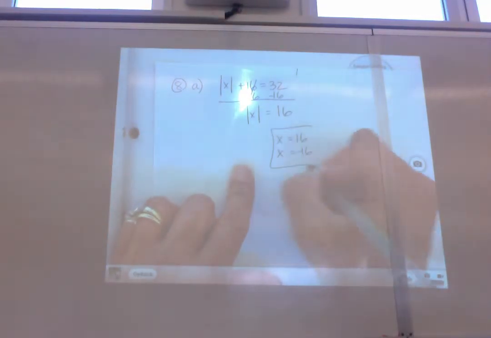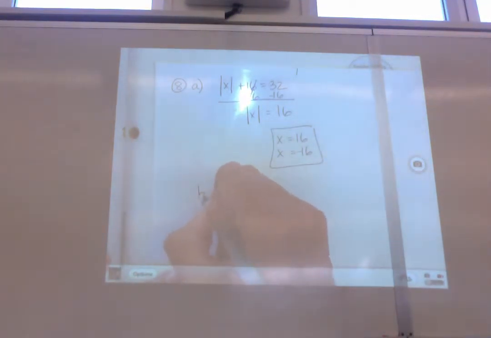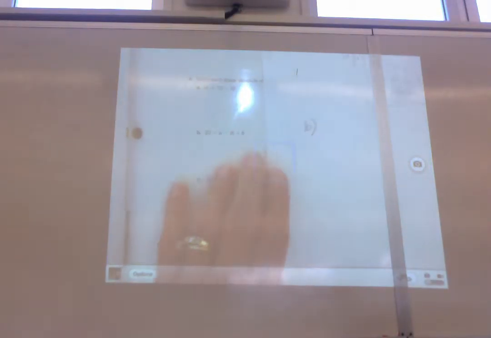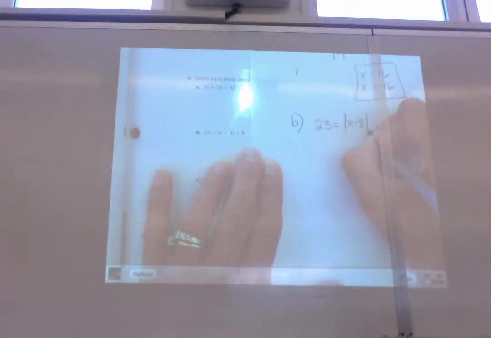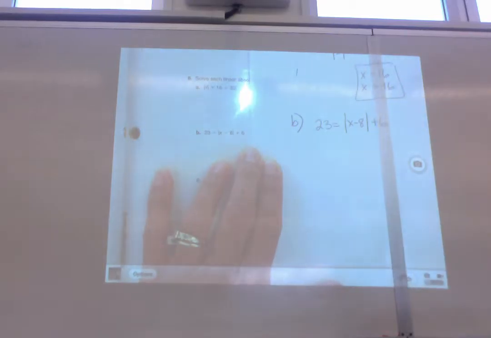Okay? With us so far, B. 23 equals absolute value of x minus 8 plus 6. So I have some expression inside the absolute value, some expression outside the absolute value. I need to get the absolute value by itself.